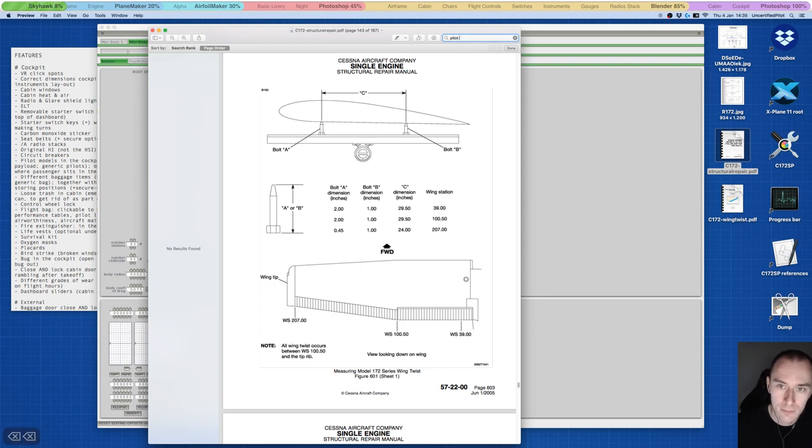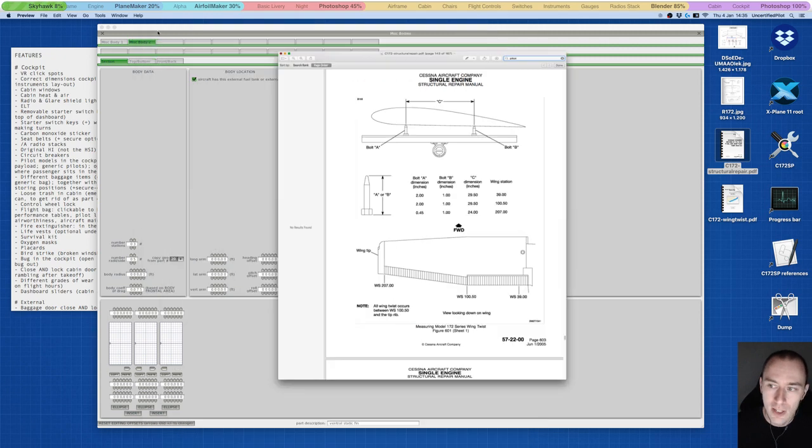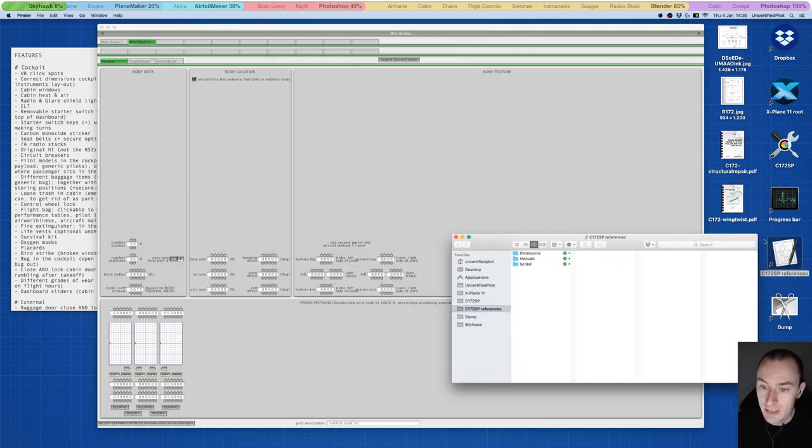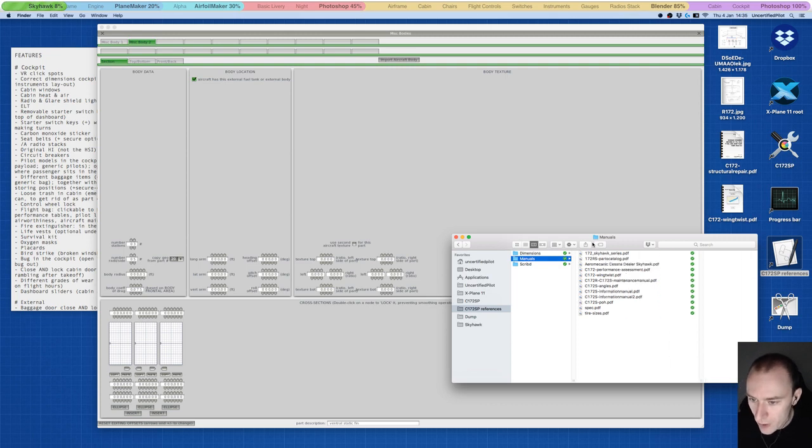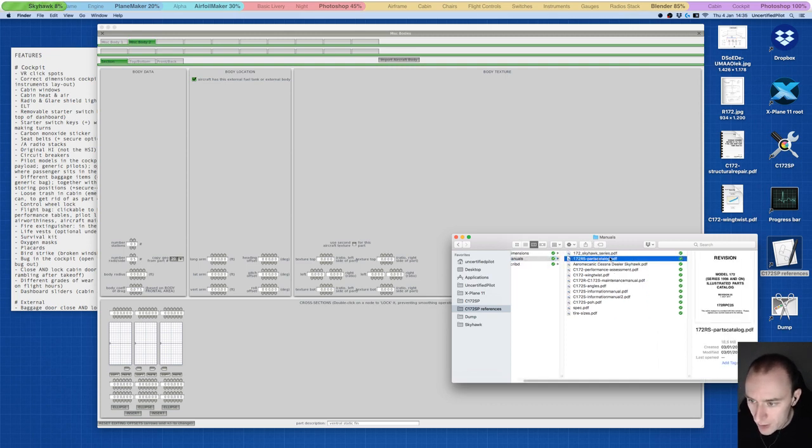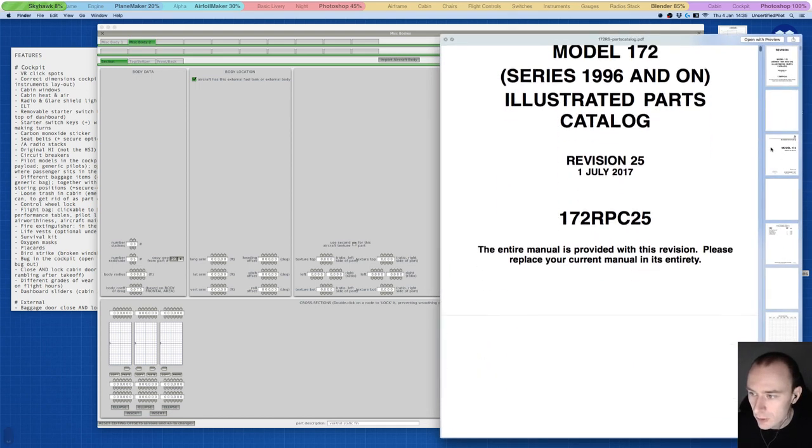Nope, not here. Very unlikely that we would find something about that. But you never know, and it's always fun to browse through these manuals. Parts catalog. Well, I don't know whether that's just an index.